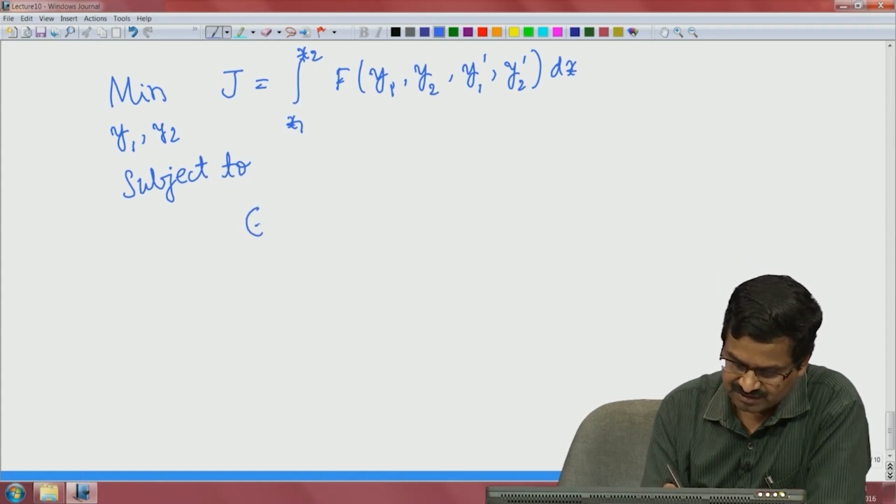We can have a constraint, let us say g, which is also another functional.